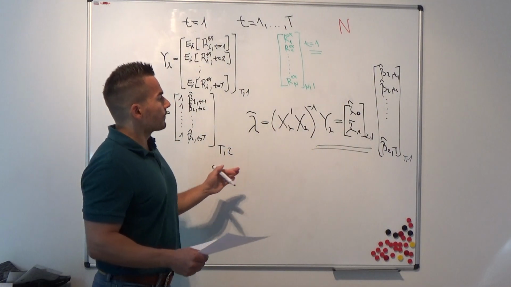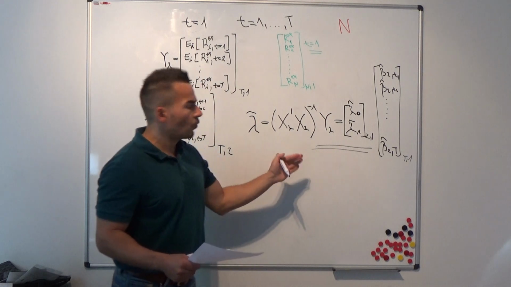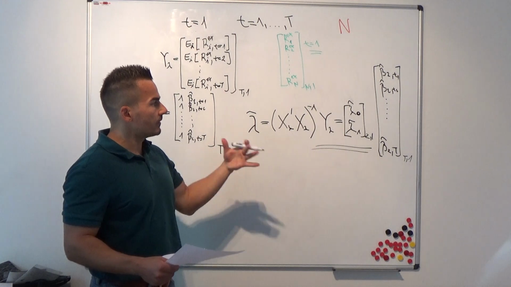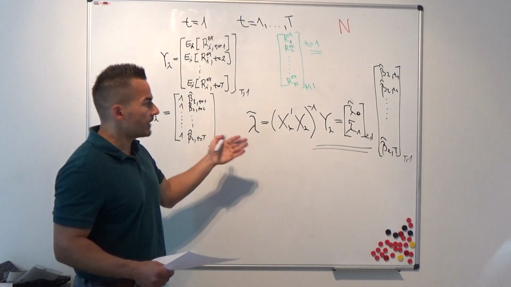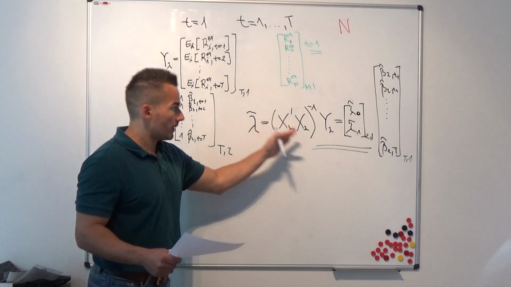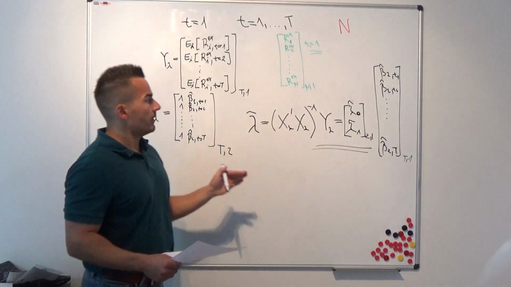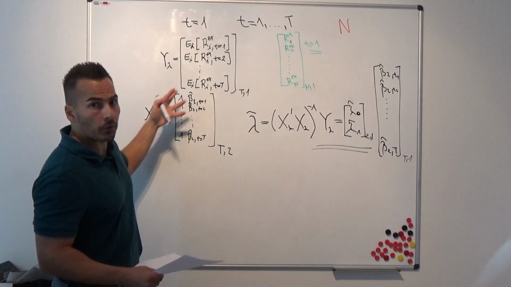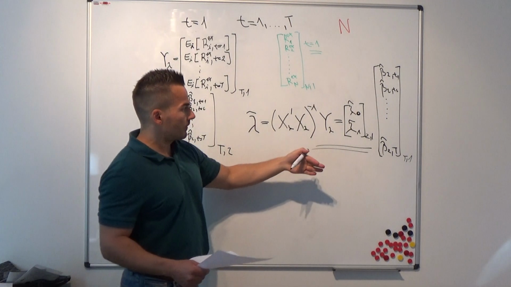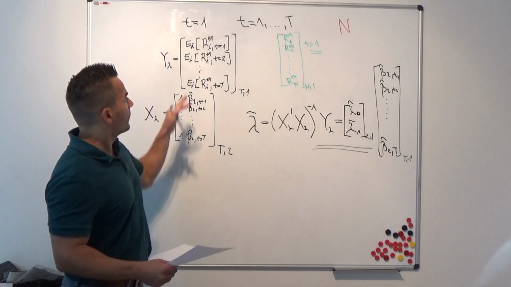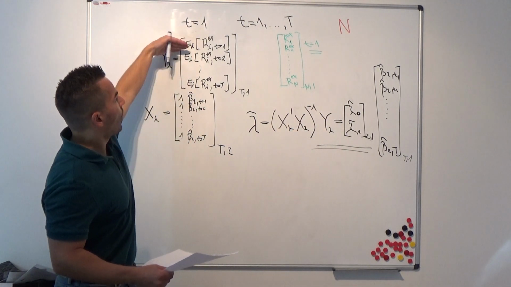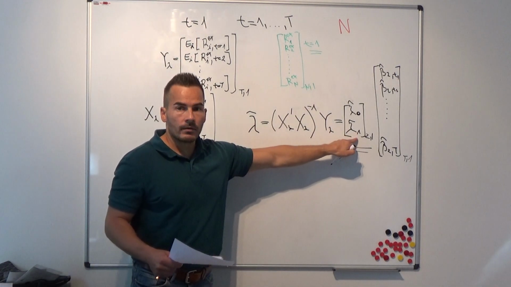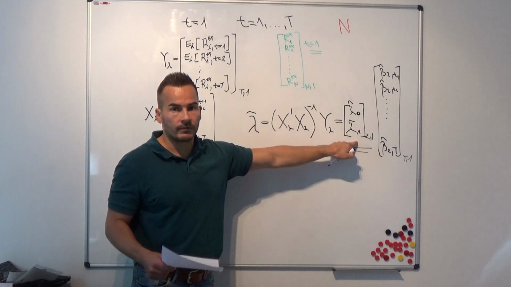Obviously, if the cumulative past returns have an impact, or if they predict average returns, because this is what our lambda vector is telling us, so if the variation in cumulative returns predicts average returns, and here we have our average returns across time, then our lambda 1 would be significantly positive.